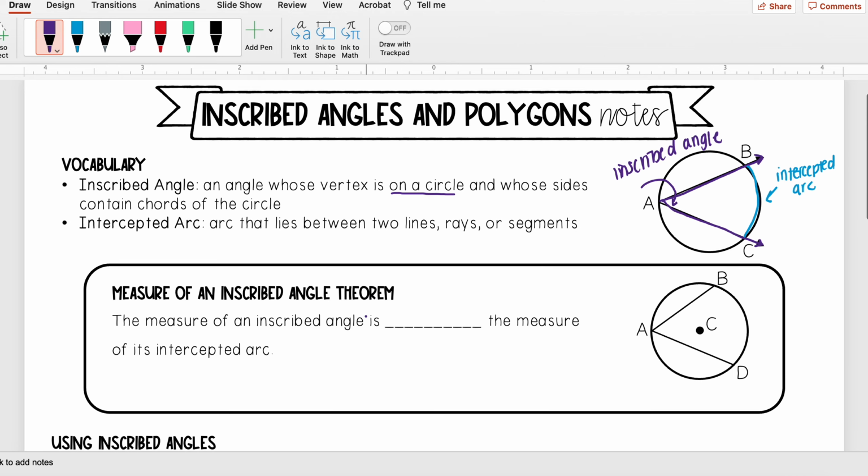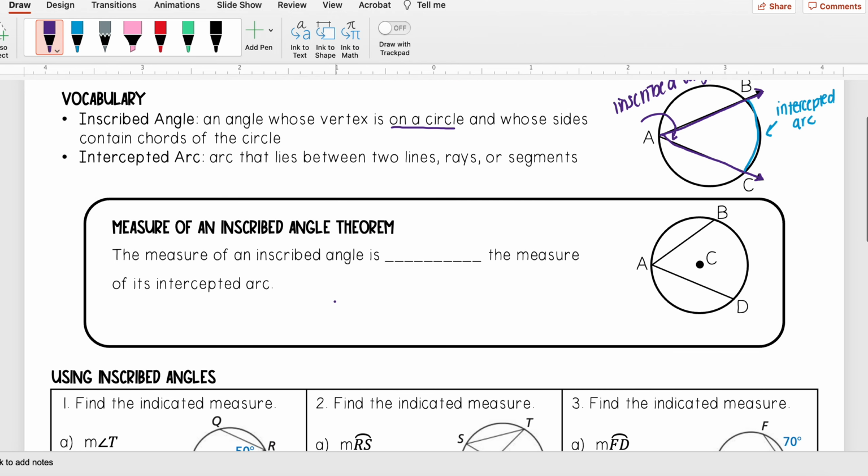And so that takes us to our first theorem, which tells us that the measure of an inscribed angle is half the measure of its intercepted arc. So if I'm looking at this diagram right here, my angle BAD would equal half of the measure of its intercepted arc, which again is this BD.